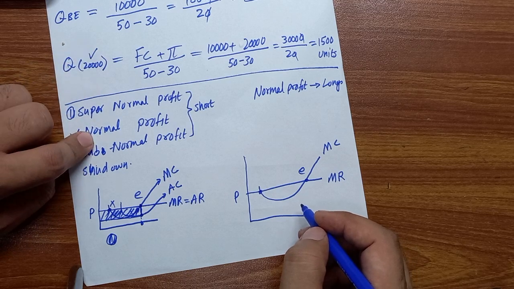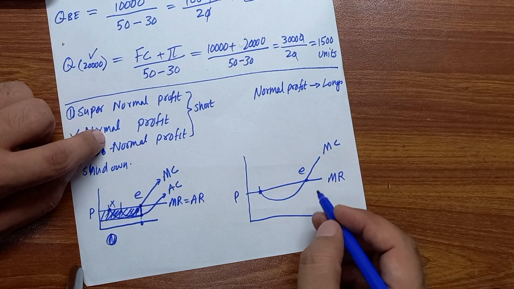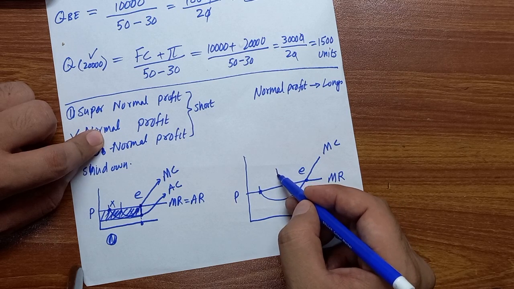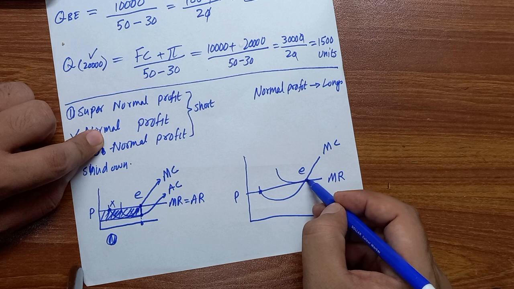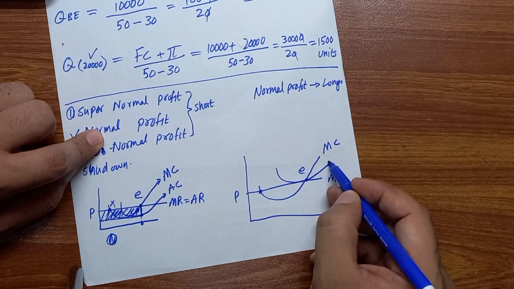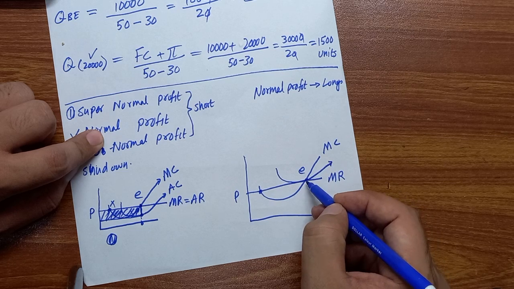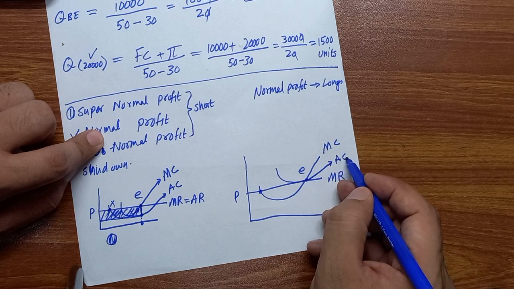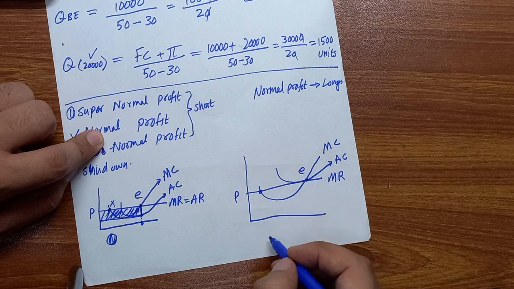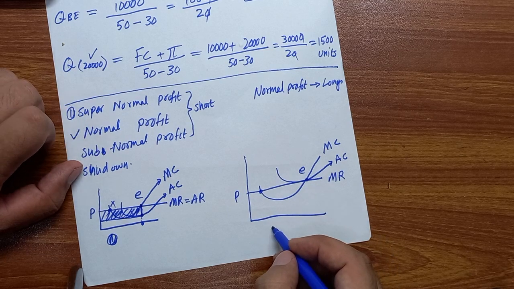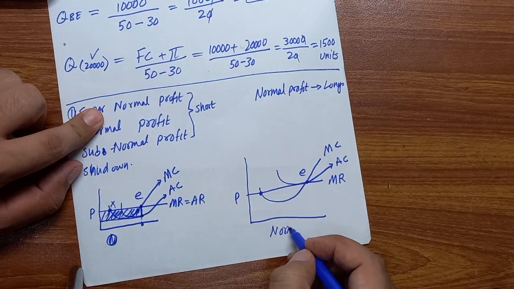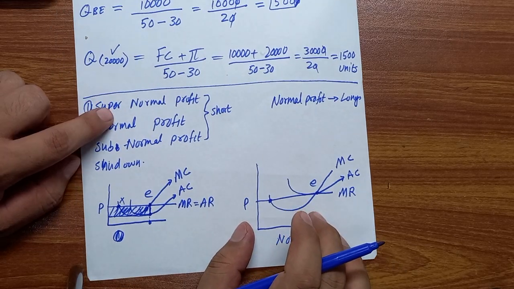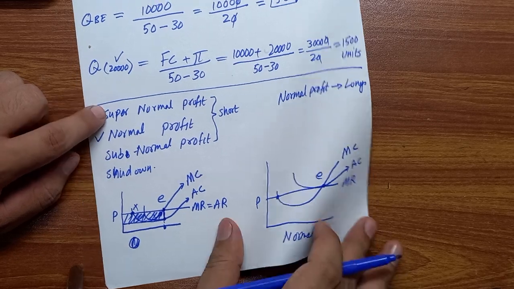In normal profit the profit is equal to 0, so the average cost will cut the point where MC is equal to MR. This is the average cost, and this is normal profit. These graphs are quite necessary for the exam.